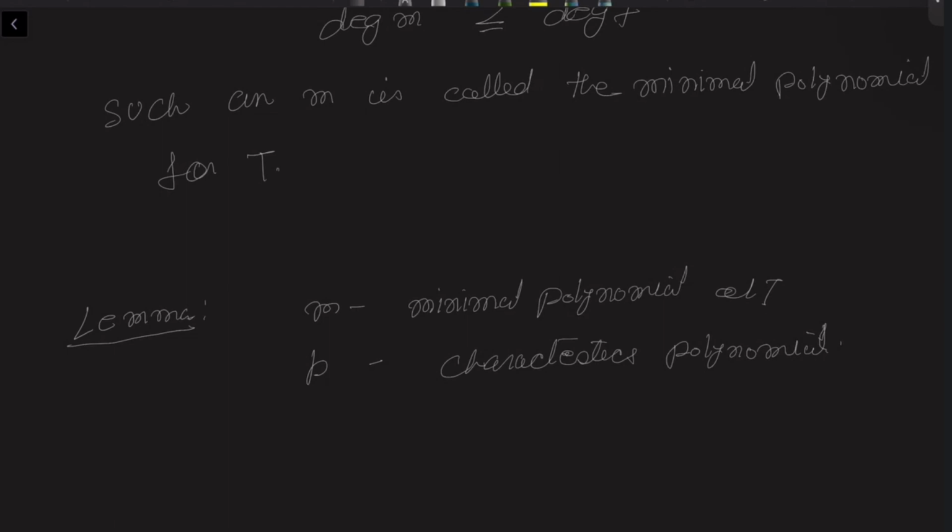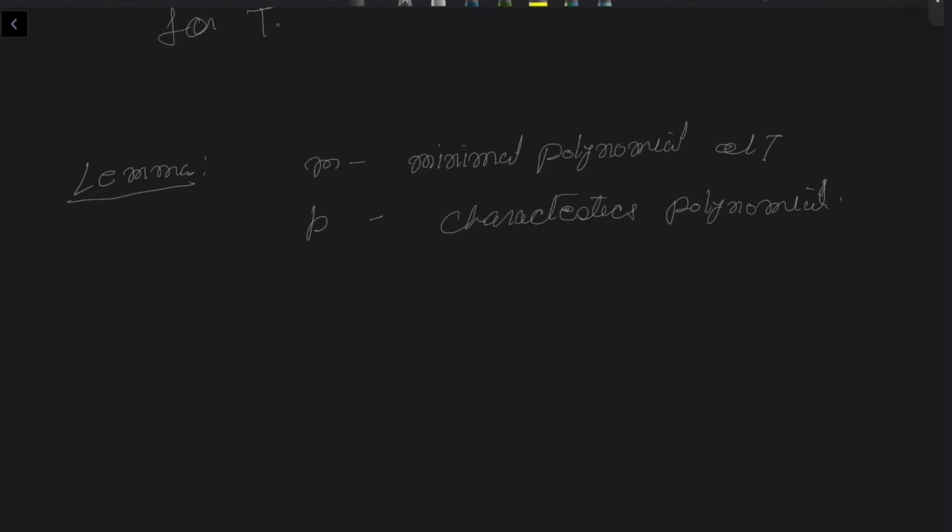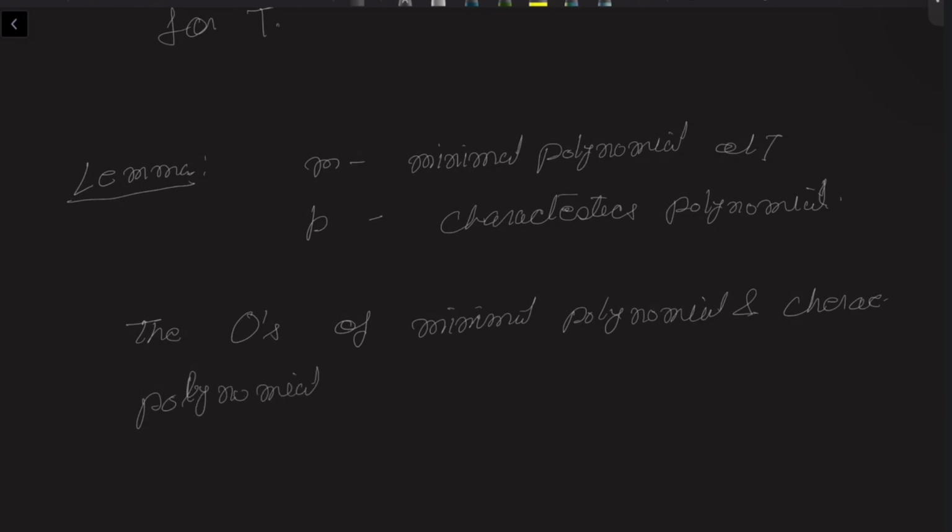So m I am using for the minimal polynomial and p for the characteristic polynomial. The lemma is that the zeros of the minimal polynomial and characteristic polynomial for the operator t are the same.